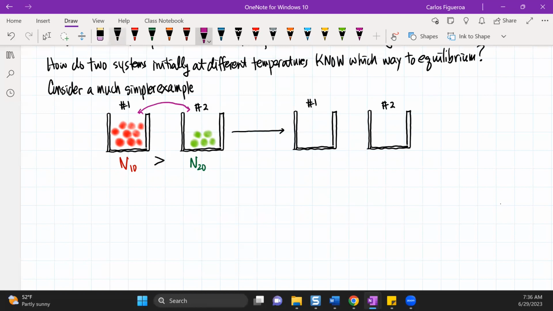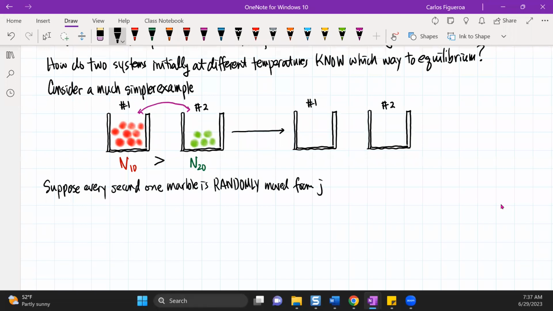So what happens here? Suppose every second, 1 marble is randomly moved from jar number 1 to jar number 2.